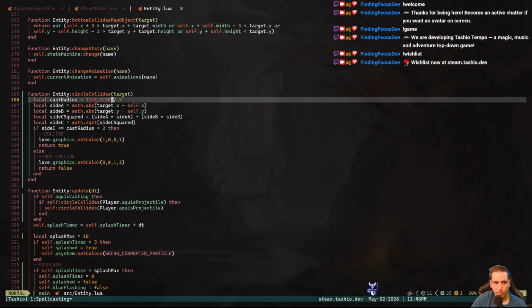Now, we're kind of assuming a circle here, even though an entity is square. An entity is 16 by 16, not a circle. So here, it looks like we've got this about right.